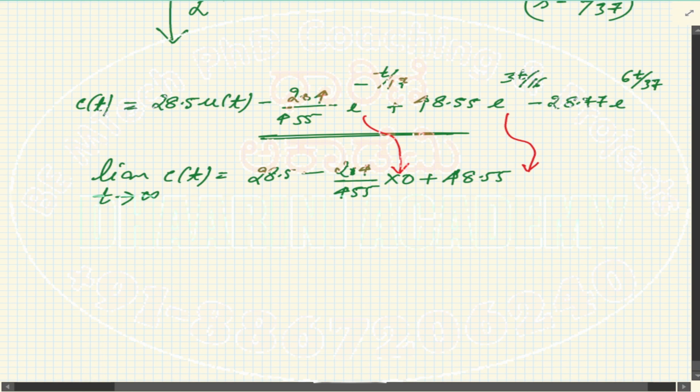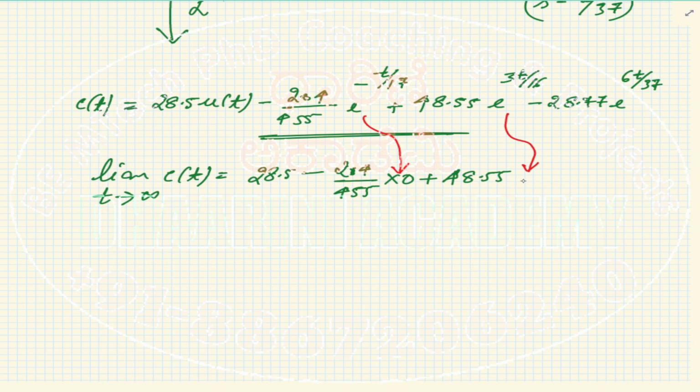That is e to the power of a large number, which is not 1. E to the 0 is 1, e to the power 1 is e, e to the 2 is e squared, and like that. It's a big number, right? So when this becomes infinity, this will be infinity.